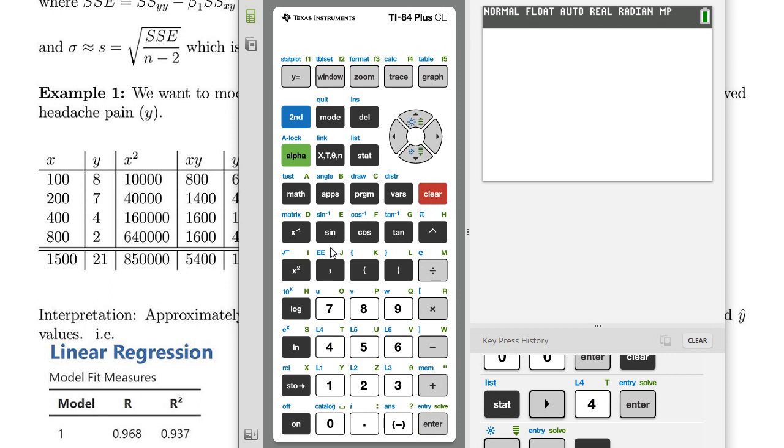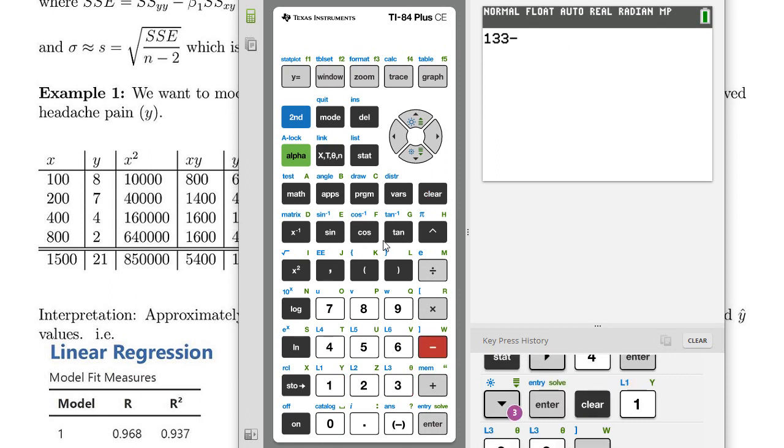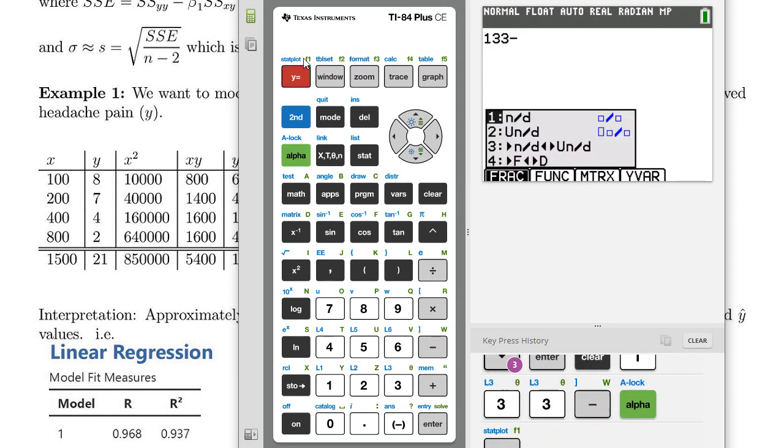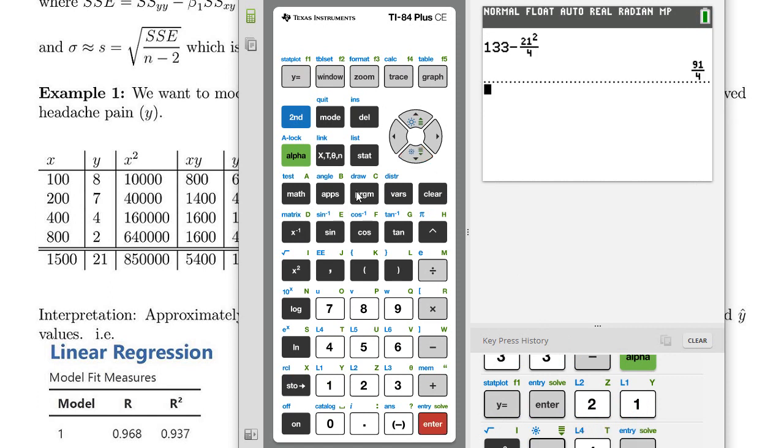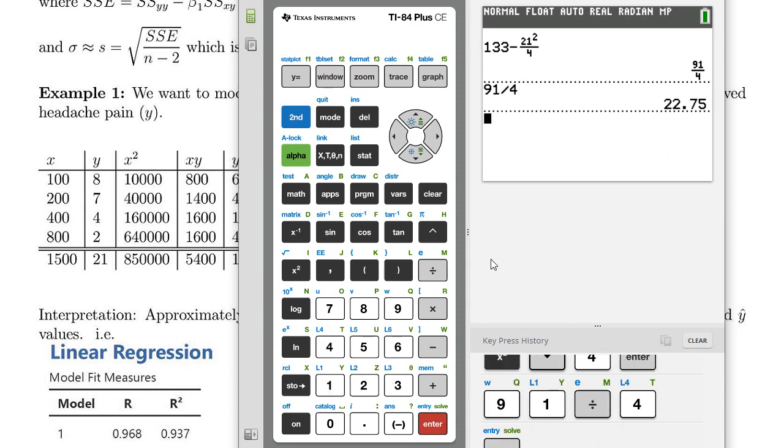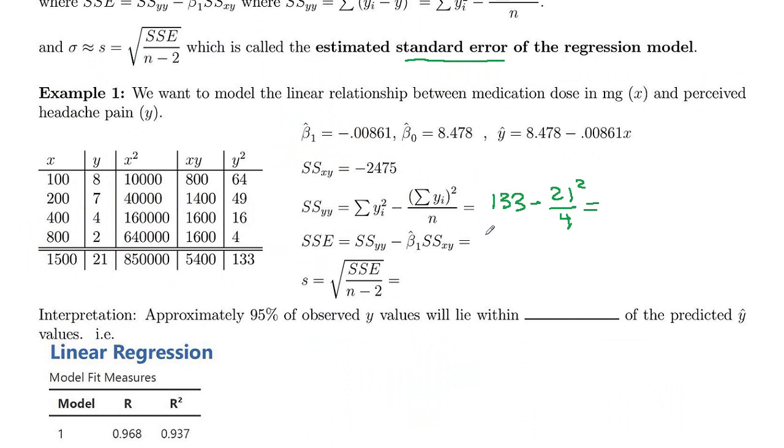The sum of the y squares is 133 minus 21 squared in the numerator, divided by 4. So 91 fourths, which is 22.75.